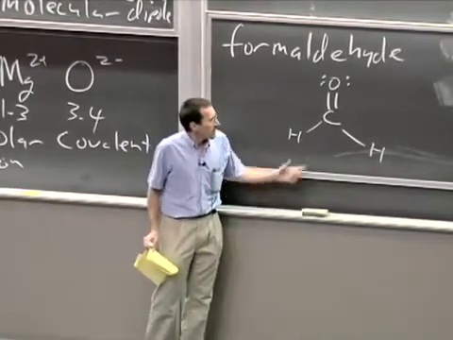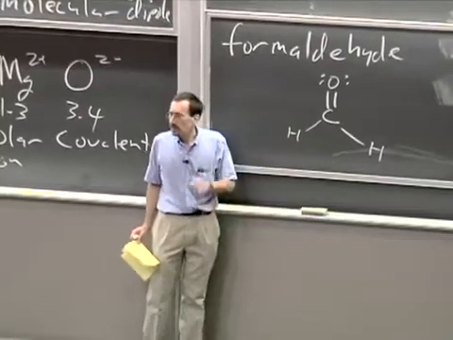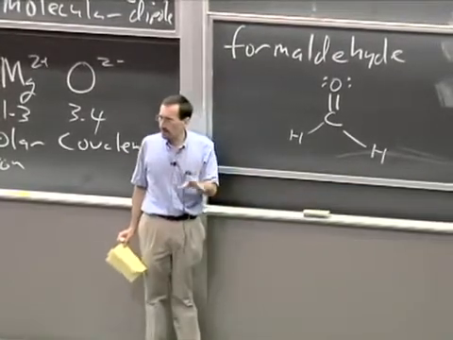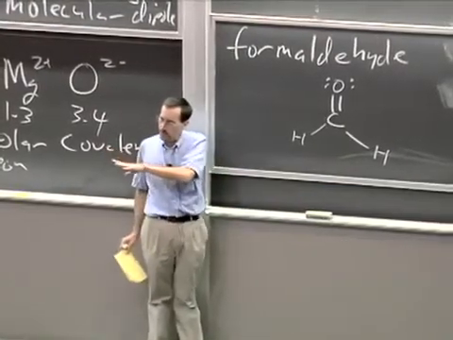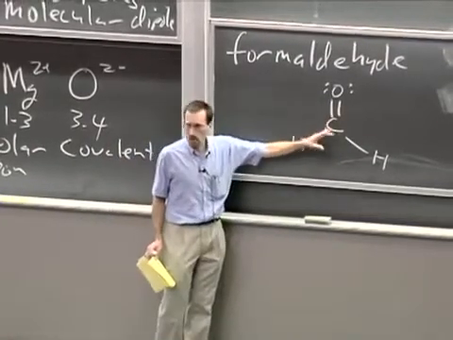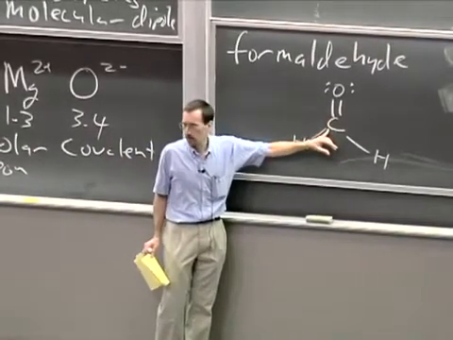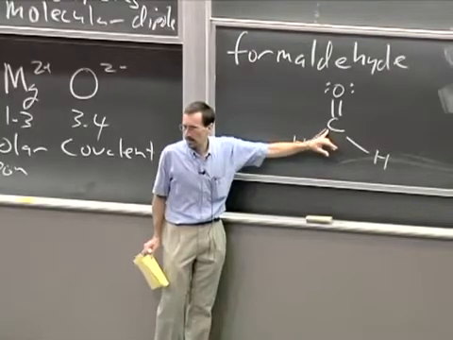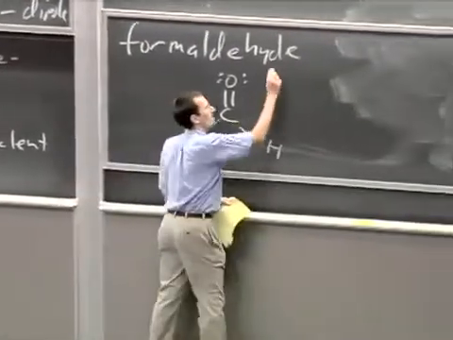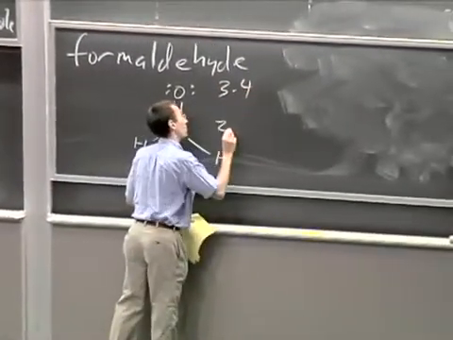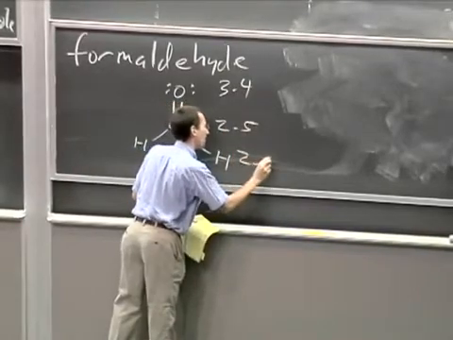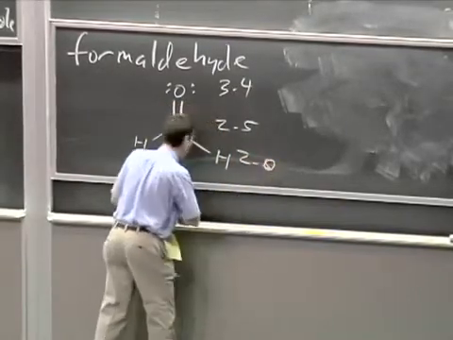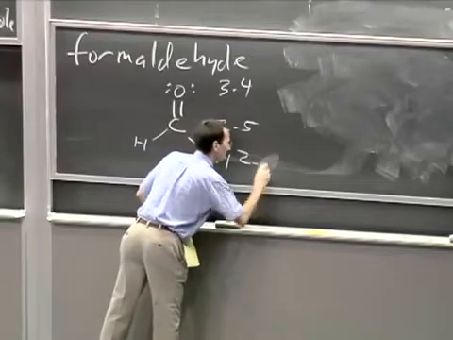As a knee-jerk reaction at this point, most people in the room will probably know their electronegativities well enough to know, okay, all of the bonds in this molecule are covalent, not ionic. If we want to get a little more detailed, we could say 3.4, 2.5, 2.2.